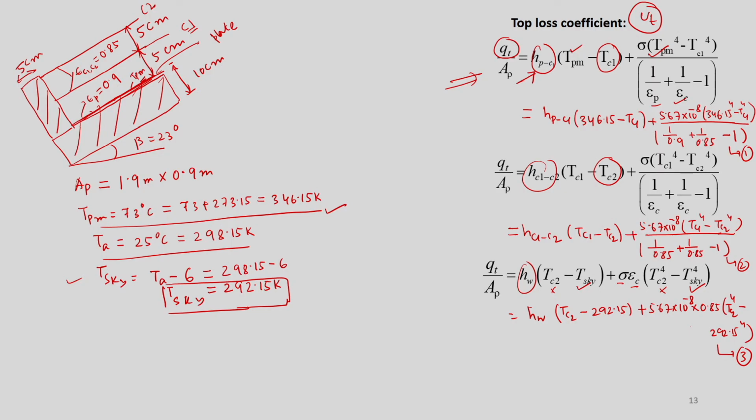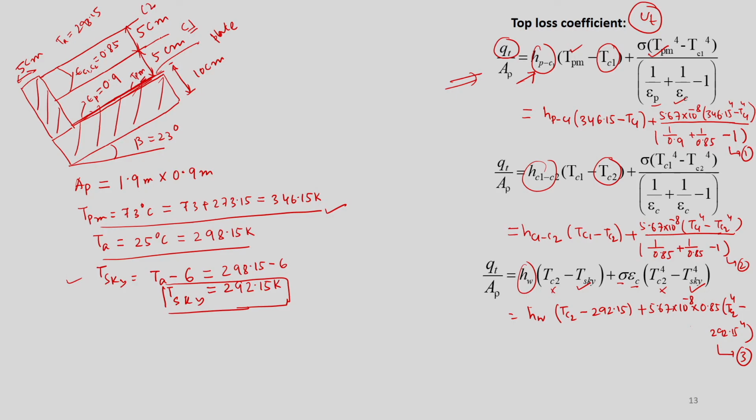We need to apply our common sense, right. So, TA, if we write TA here, so TA will be how much is given, 298.15. So, this temperature what we got is 346. So, 346 minus 298.15, it's about 48, right. So, it's half is 24.